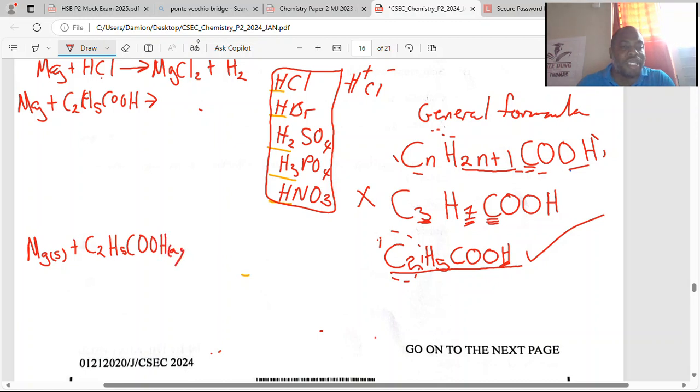All acids are aqueous. What will this give me? Sir, is it magnesium propane? Did you say magnesium propane? Yes. No, not propane. Propanate, NATE is supposed to be on it now. Yes, so propanoate.